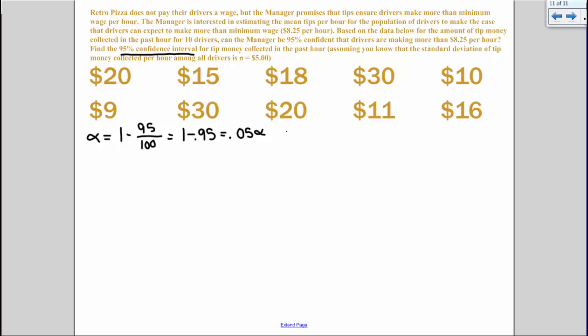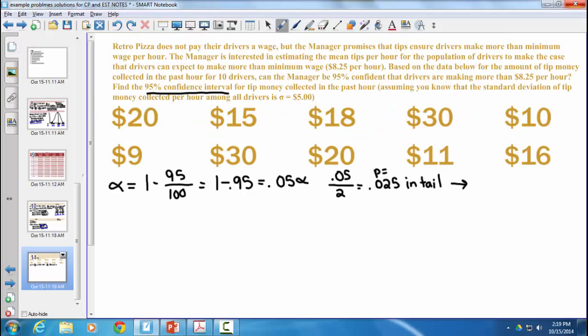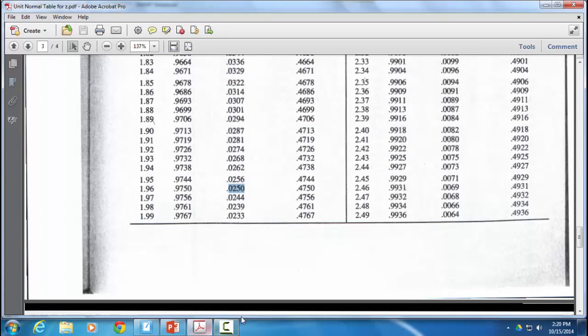So we take that alpha level, we divide it by 2, and we know we're looking for 0.025 in the tail. And when we find 0.025 in the tail, we already know that we come up with a z-score of 1.96.